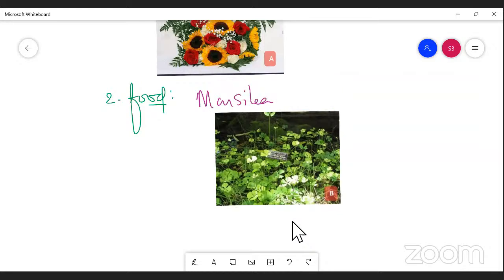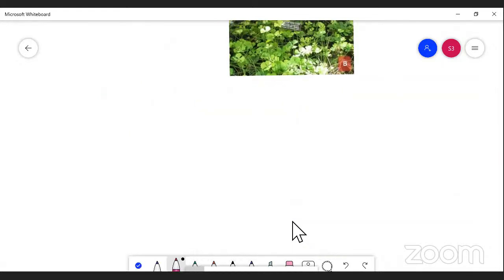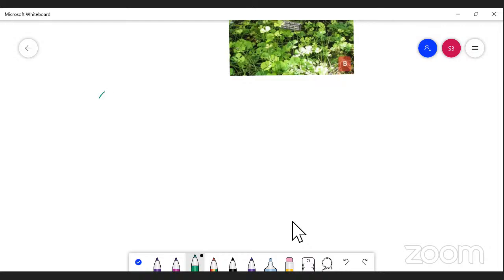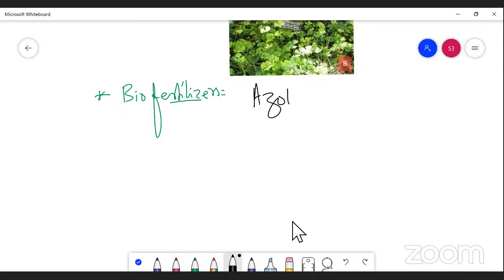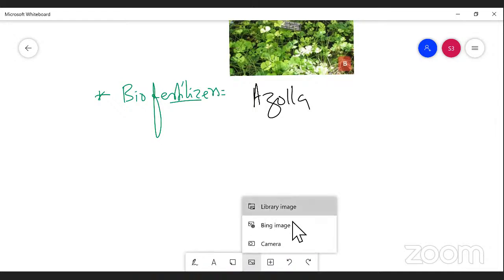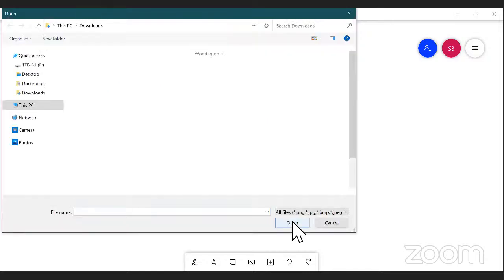The next, some pteridophytes are used as biofertilizer. It is Azolla pinnata. My dear students, please understand, I am going to give you an example of a biofertilizer. Azolla is a pteridophytic plant used as a biofertilizer, that means it is used for enriching minerals and nutrition in the soil.